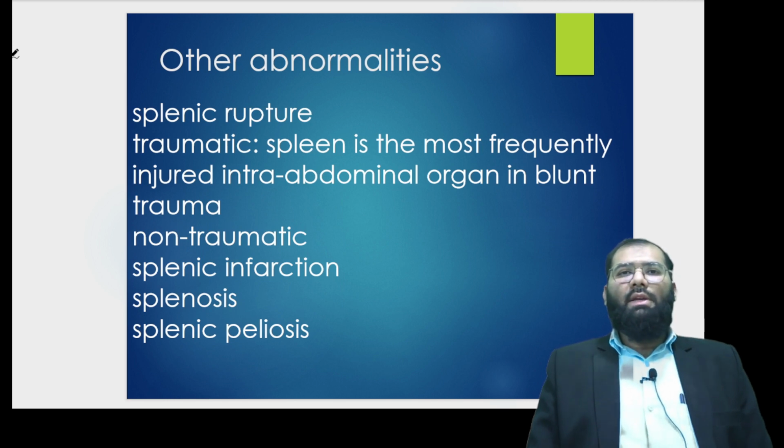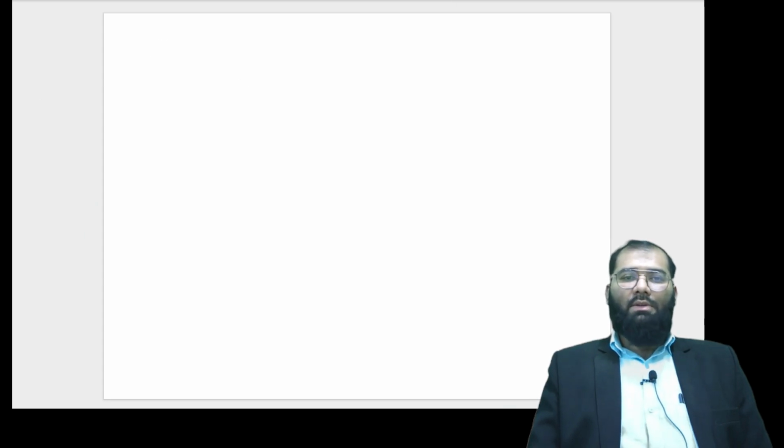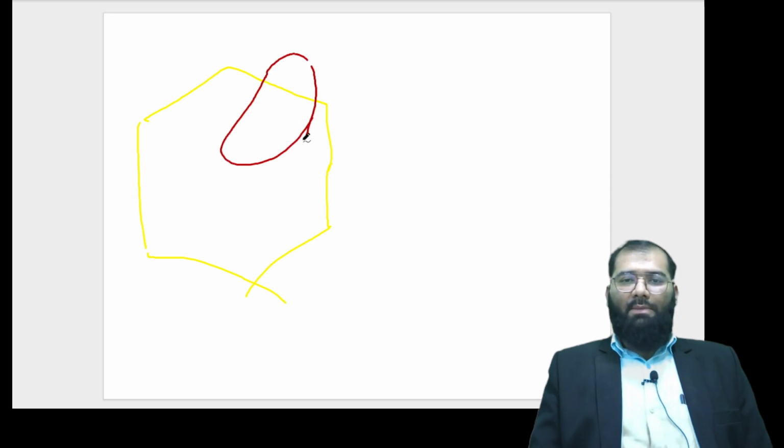Now other important things include, especially if the patient is referred from surgery. Suppose there is a patient who comes with a rib fracture or trauma. In these patients, always try to look for the perisplenic fluid.